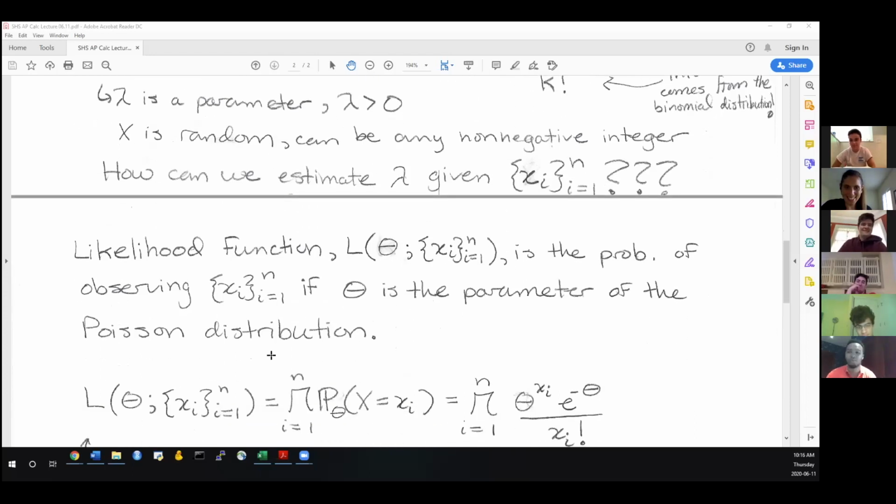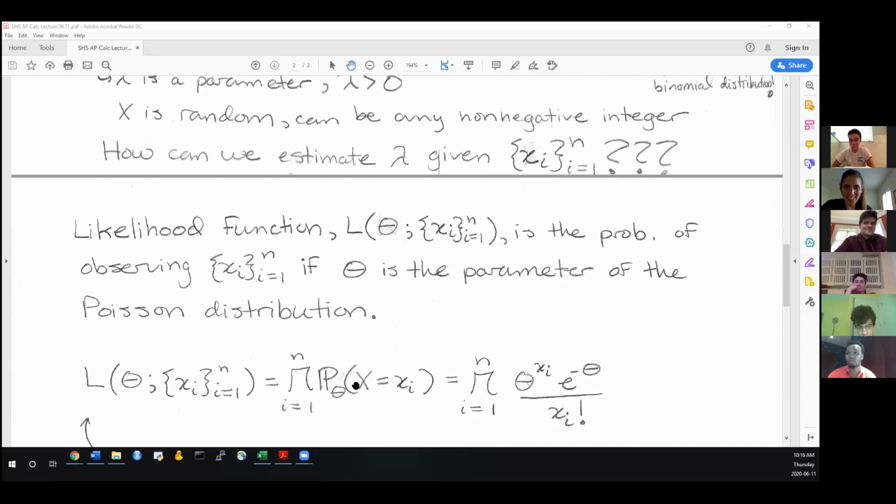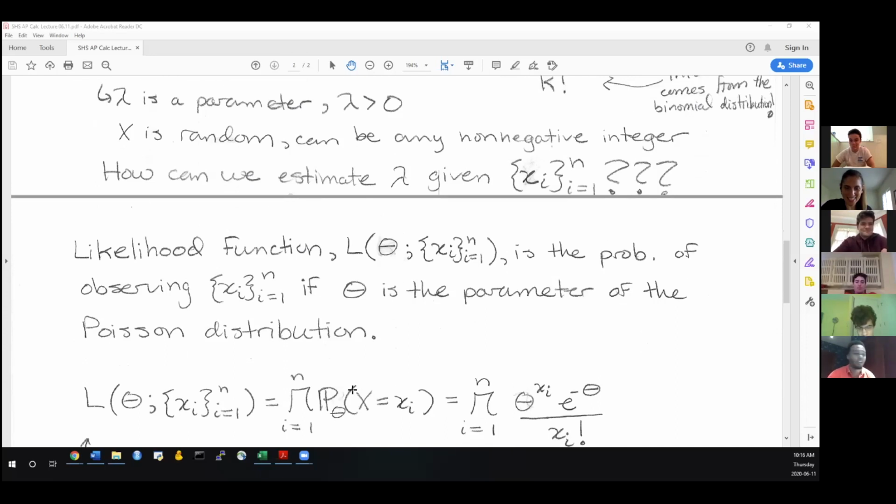So kind of similarly to what we did earlier, you multiply the probability of the individual events happening. I don't know if you've seen this symbol before, but this means multiplication from i equals 1 to n. So you're multiplying the probability that capital X equals x1 times the probability that capital X equals x2, etc., all the way until xn. And this is actually the extension of what we did earlier when we multiplied the probability of seeing several instances of a coin flip back to back.